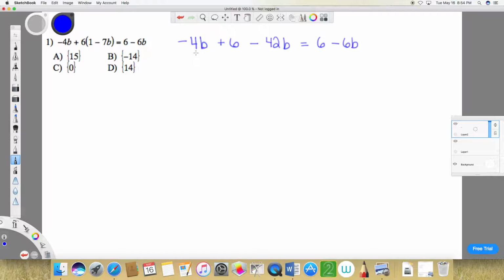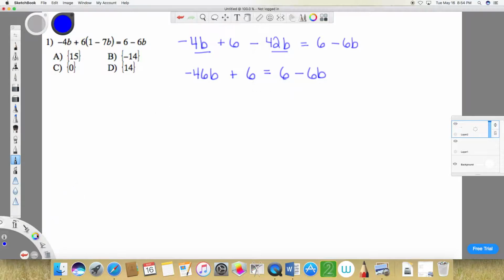So on the left hand side we can combine these terms. They are like terms. Negative 4b minus 42b gives us a negative 46b. And then plus 6 is equal to 6 minus 6b.